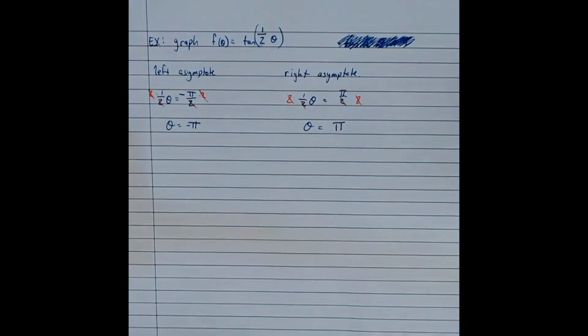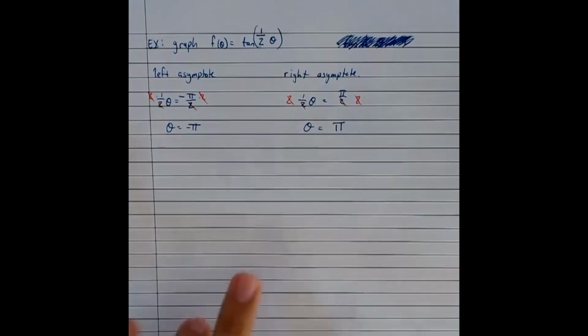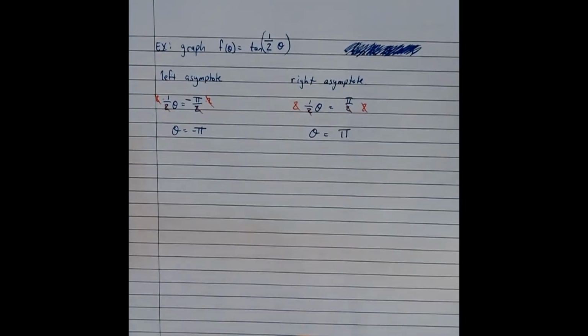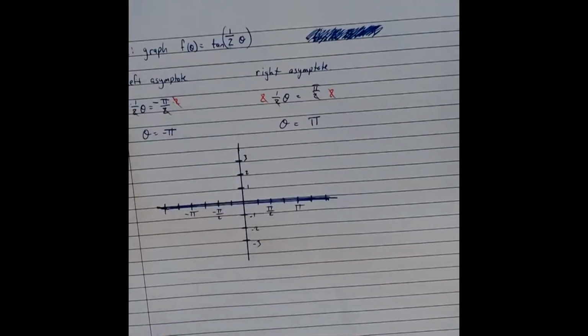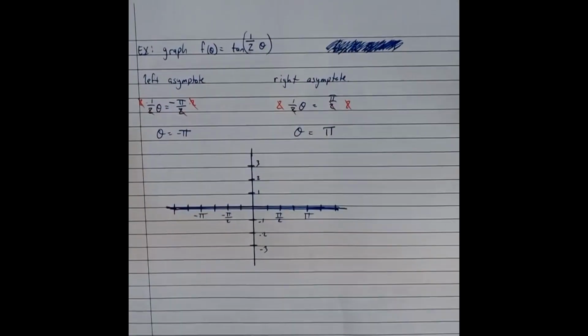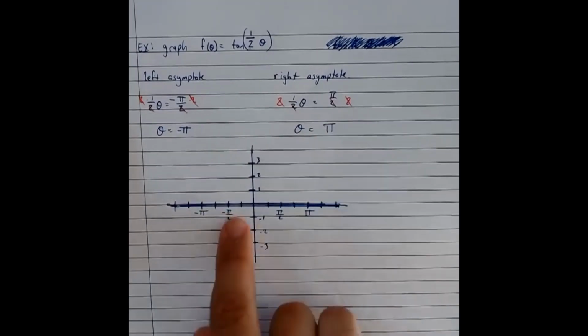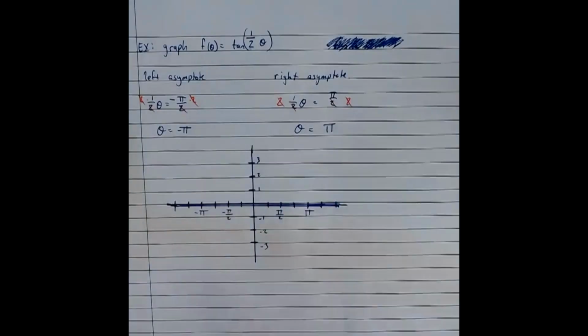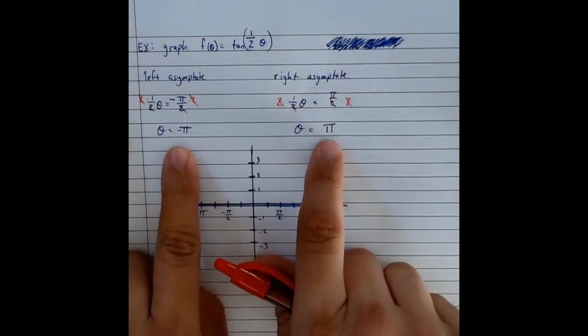Okay, so we can take this and graph, because now we know where the left and the rightmost asymptotes are. So let's begin by graphing the left asymptote and the right asymptote to give us our domain for our central period.